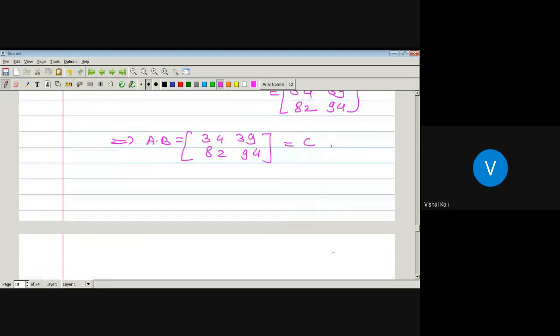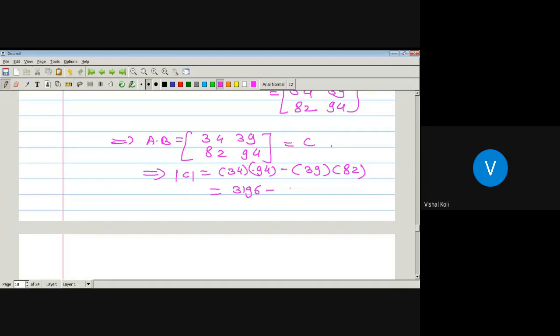Now we have to find its inverse, and for its inverse we have to check whether its determinant is not equal to 0. The determinant of C is 34 into 94 minus 39 into 82. What is 34 into 94? 3196.